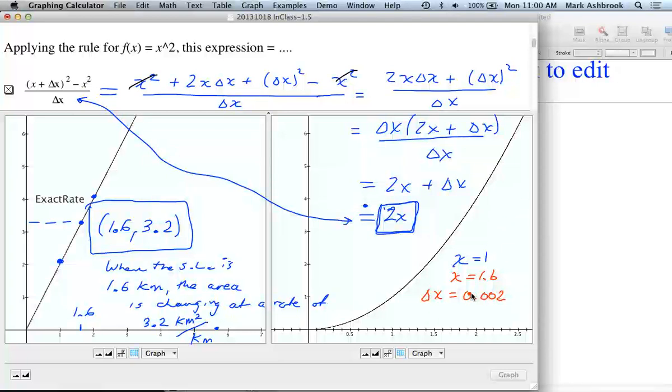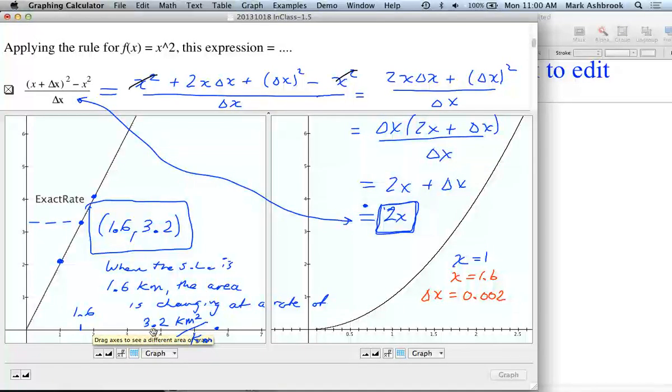Okay. But we want to conclude about area, right? So this is all about area. We increase the side length a little bit. What about the area? It's going to increase at that rate, 3.2. So if it increases at this rate, what can we say? You can't just say it's the same.